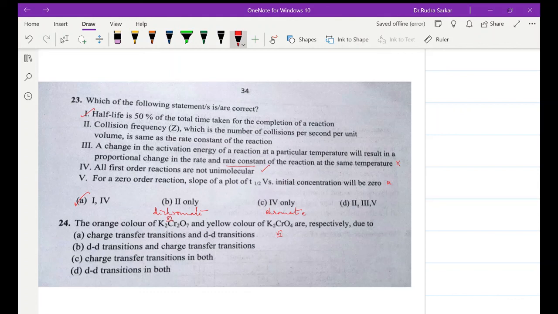Because chromium is in +6 state, it is a d0 system, but yet they are showing color, and that is because of charge transfer from oxygen to chromium. So this is basically ligand to metal charge transfer taking place, LMCT. And option C will be the correct option over here.